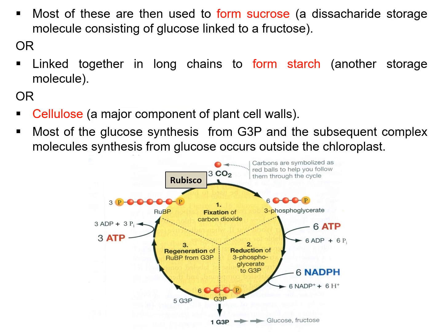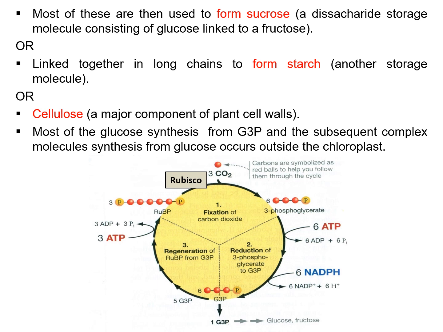Normally, the remaining one molecule of glyceraldehyde 3-phosphate which exits the cycle may be used to form sucrose, a disaccharide storage molecule consisting of glucose linked to fructose. Or they may link together in long chains to form starch.